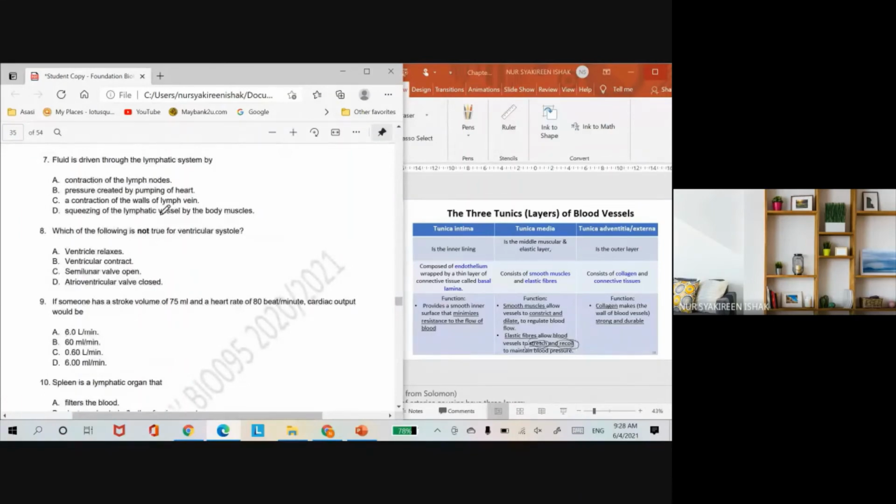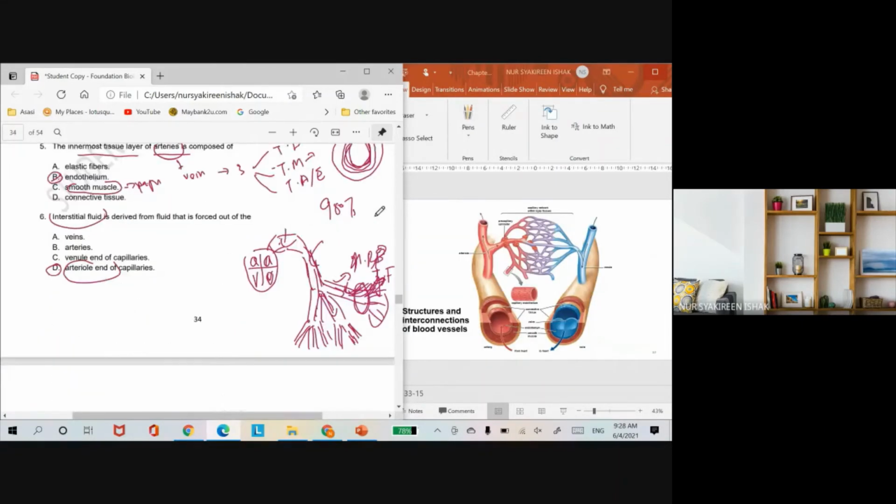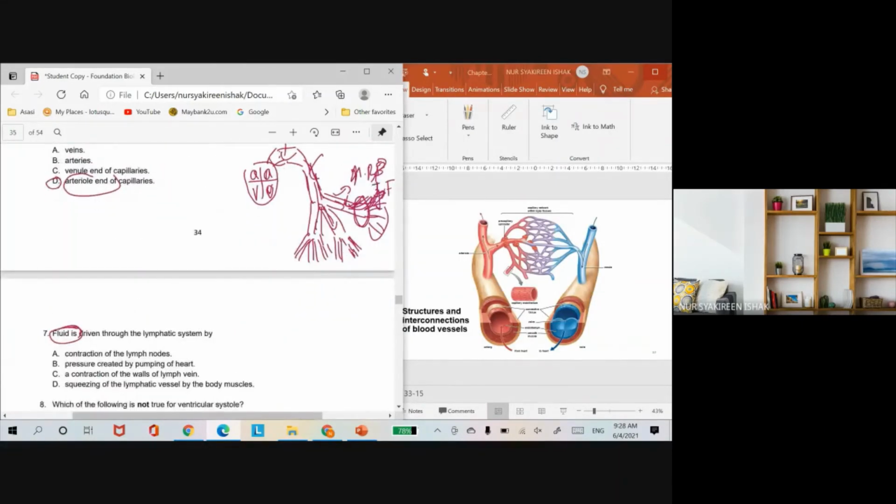Okay, so number 7, fluid is driven from the lymphatic system by which one? The answer will be D lah, kan. So fluid that enters, yang tadi interstitial fluid kan, the excess fluid has to return back into your blood circulation through the lymph.